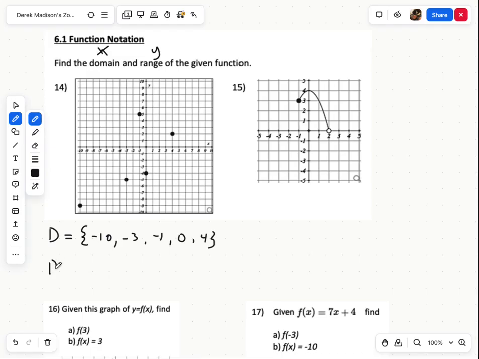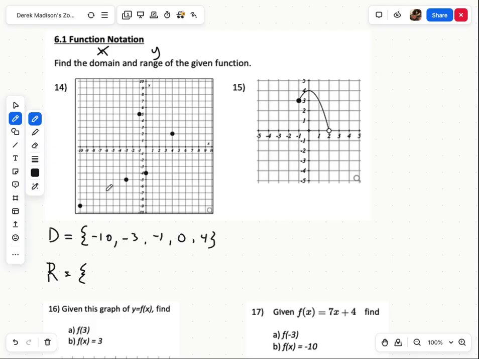And then for our range, and notice I'm working from left to right. I think on the homework it doesn't have to, you can write them in any order, but it is more proper to write them from lowest to highest for sure. And then for the range, I'm going to go from the lowest value again to the highest value, but this time we're thinking vertically instead of horizontally.